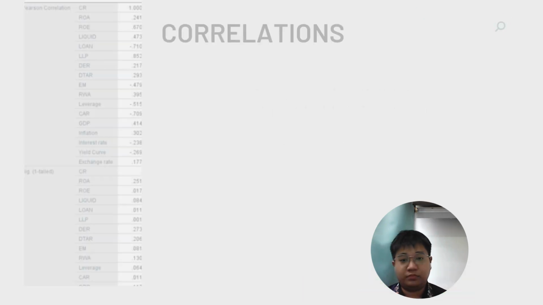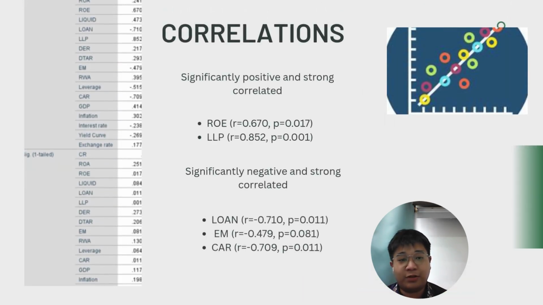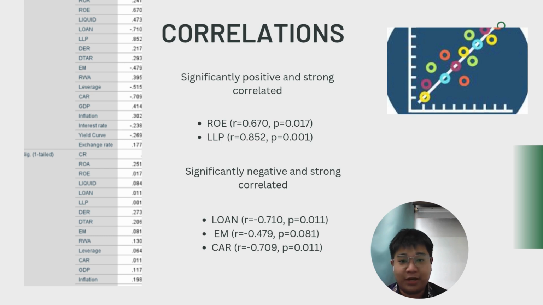For correlation, 10 variables were found positively correlated with credit risk, while 6 variables were negatively correlated with credit risk. The analysis shows that LLP has a very strong and significant positive relationship with credit risk, where R equals 0.852 and P is 0.001.